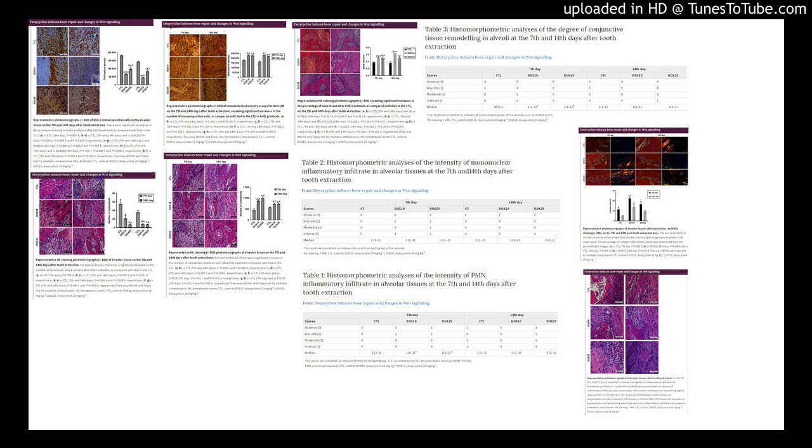Although no difference in the percentage of collagen fibers was observed between the DOX25 and CTL groups, the DOX25 group presented a significant number of type I collagen fibers. Type I collagen is primarily observed in bone, dentin, tendon, dermis and gingival tissues and is also the main extracellular component.